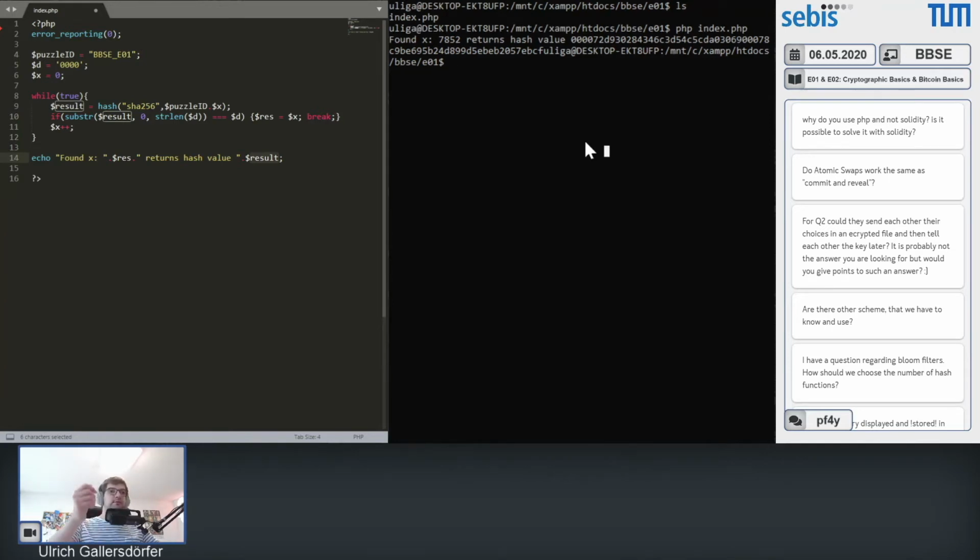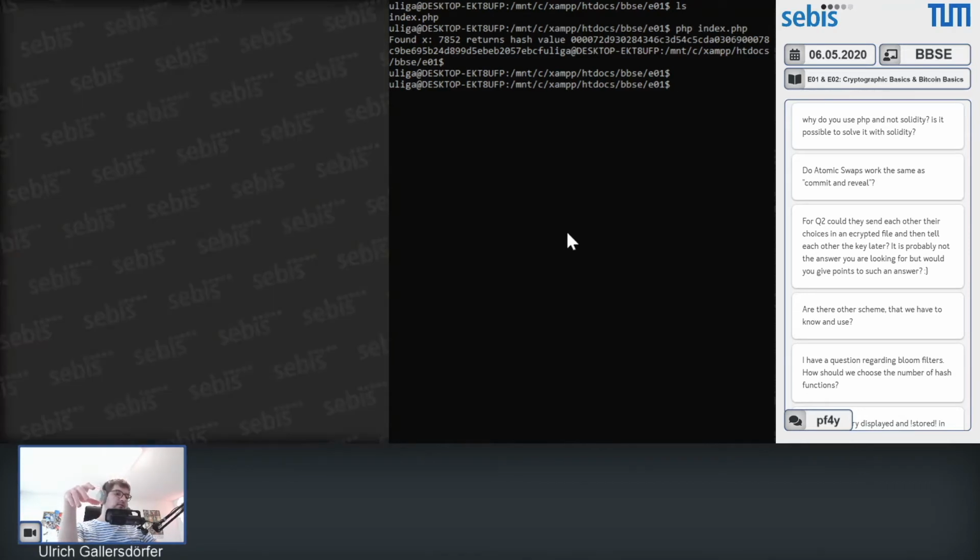So I do it locally on my machine. I don't have to run it in Solidity. I think it could work, but Solidity is such a slow, imperformant language. So really don't use it for any heavy computation. Just use it for what you really need to do on chain. But that's a story for another day.